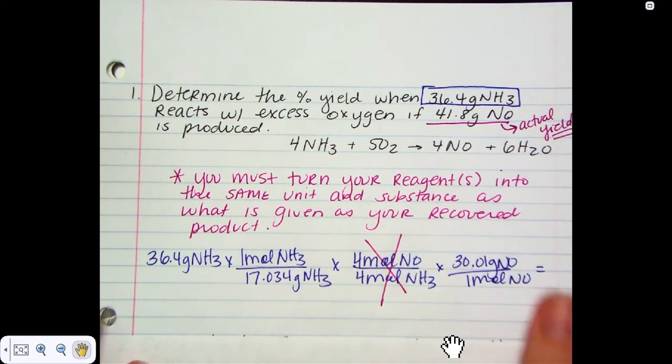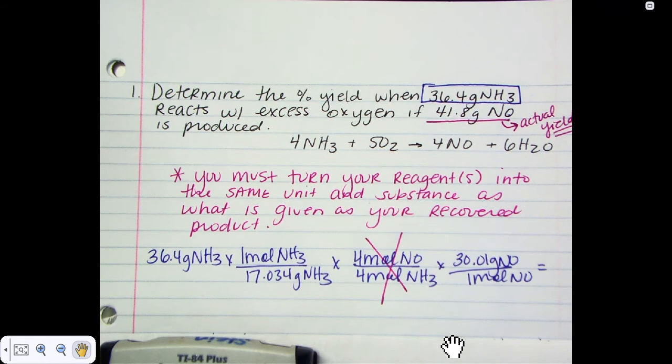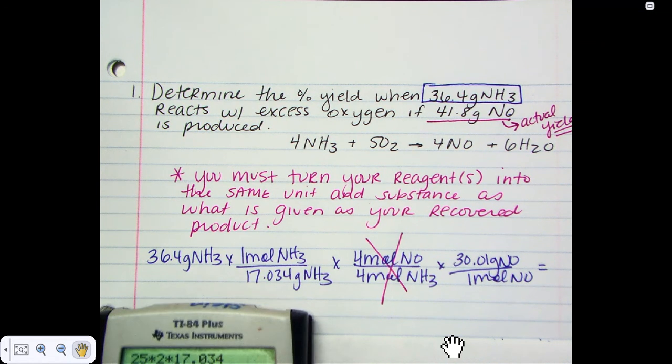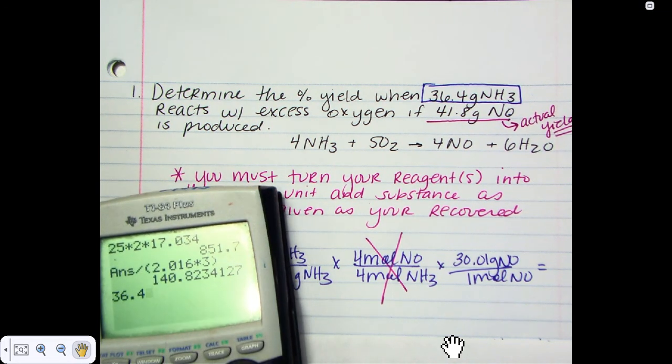This cancels, and so 36.4, let me move this up so you can see, 36.4 times 30 divided by 17.034.